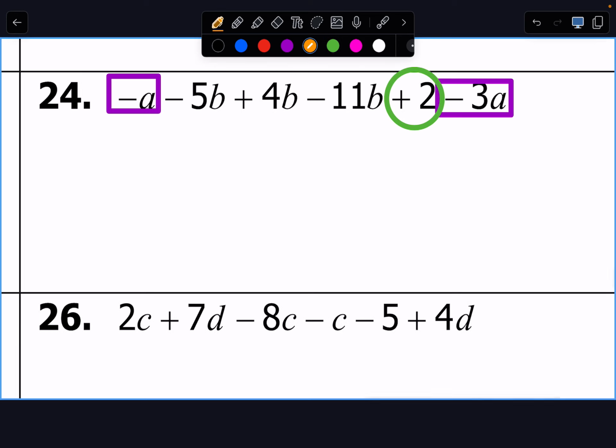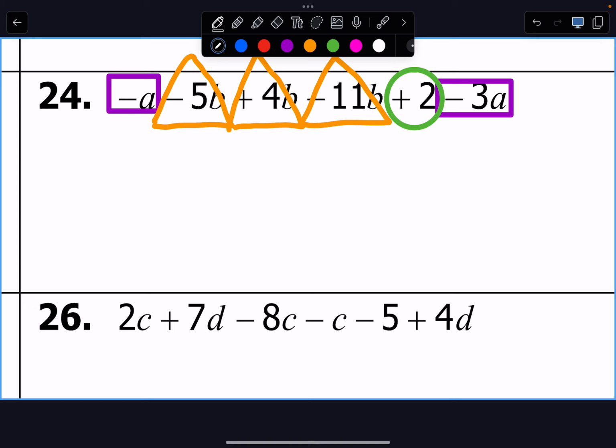Let's put triangles around the B's. Great idea, Landon. You're so smart. Okay, so now my boxes, I have negative A minus 3A. Circle, circle, circle, circle. So negative 1A minus 3A is negative 4A. Thanks for your help.